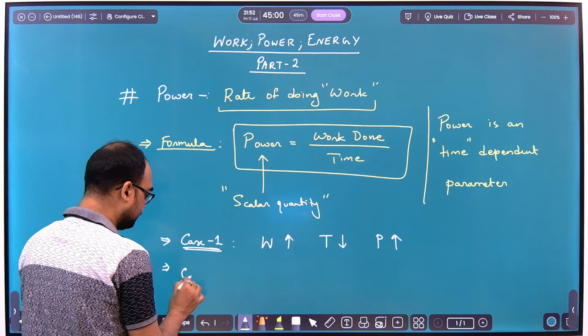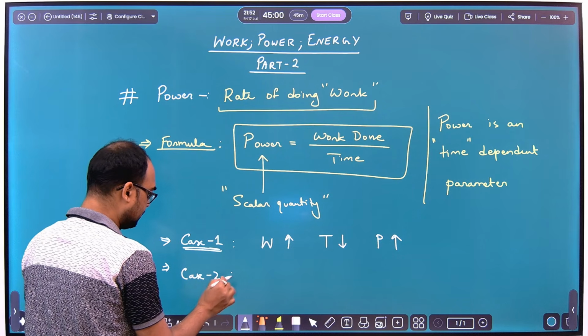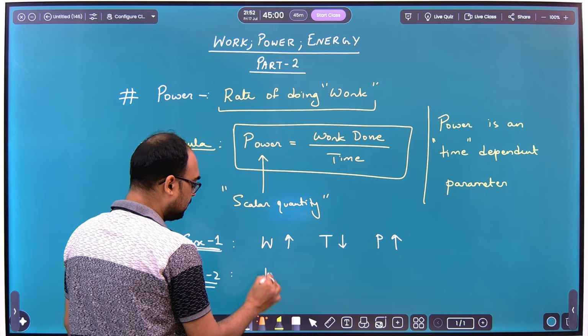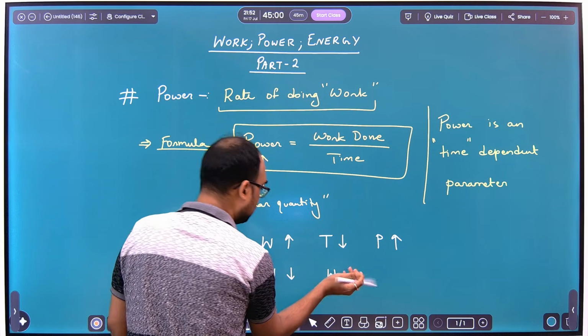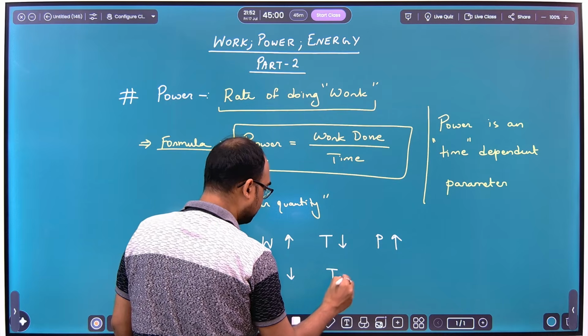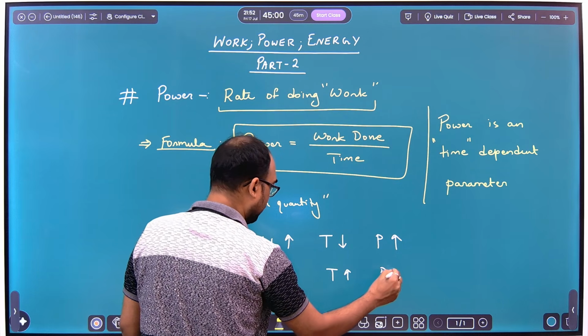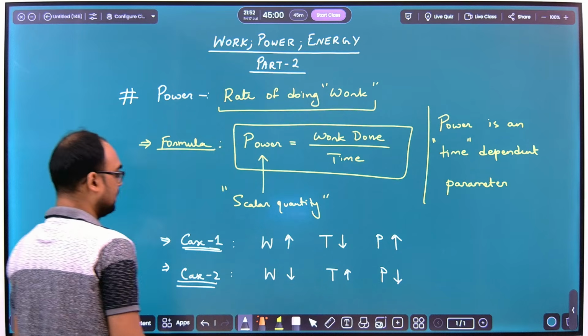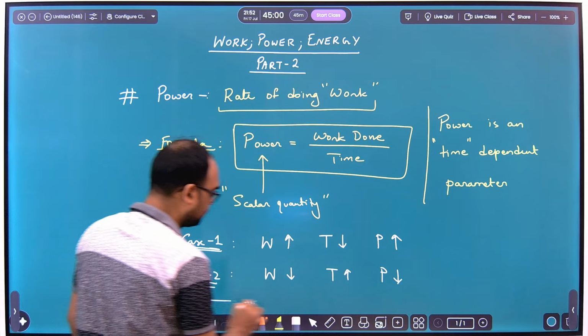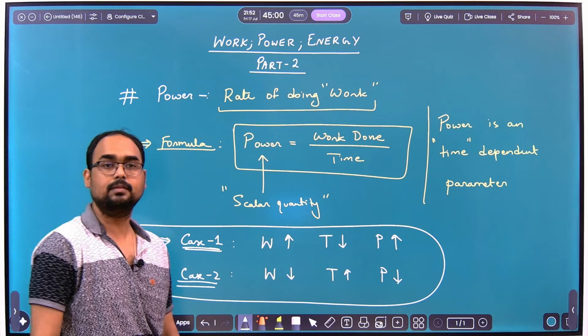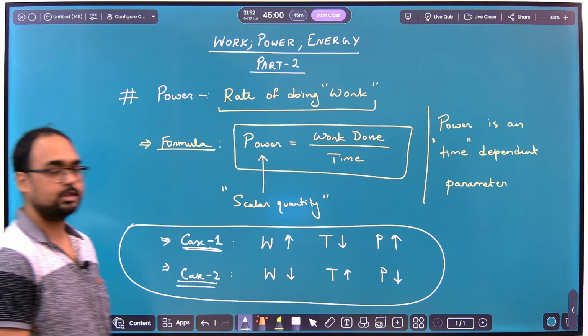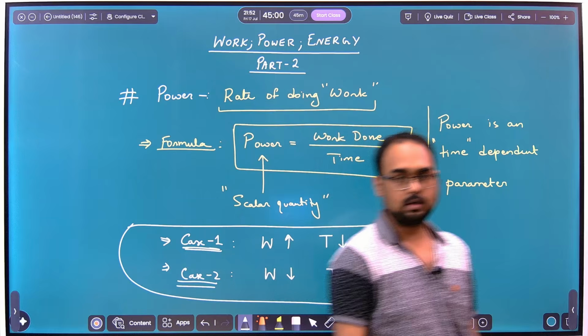Case 2: opposite. If work is very less and you have very much time, then the power required will be less. Okay? Go through the concept once. Clear your concept.